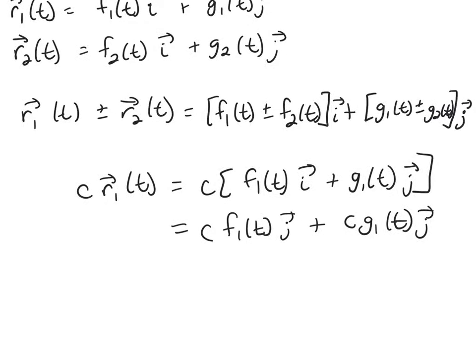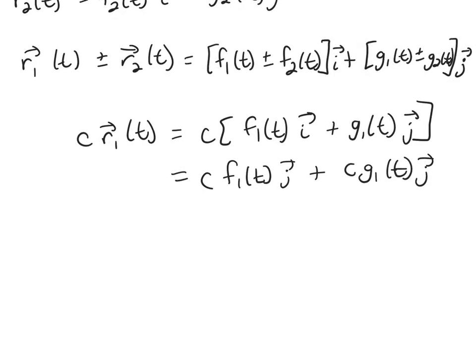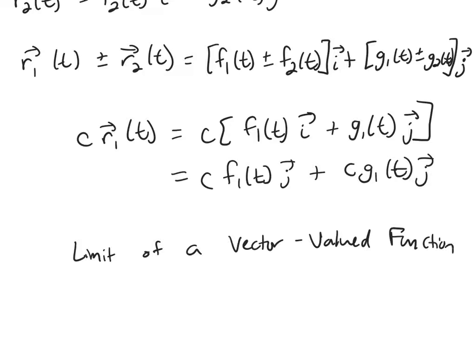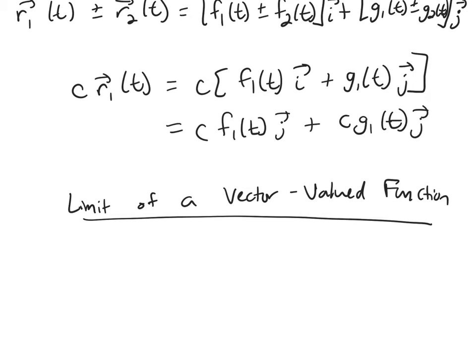All right, so now that we know how to add and subtract these vector functions together and how to do scalar multiplication, we can talk about limits. So the limit of a vector valued function. I'm just going to state it in the 2-dimensional case, but you have something similar in 3 dimensions.